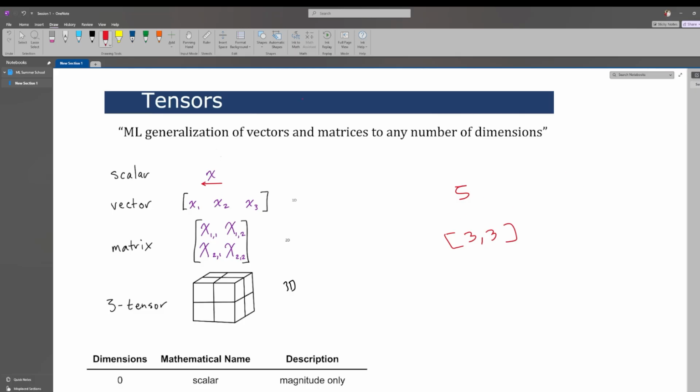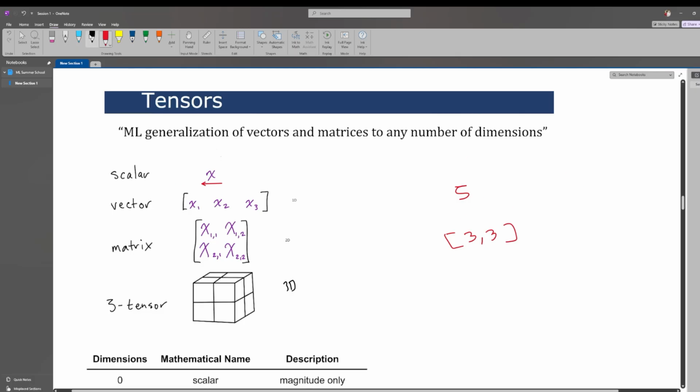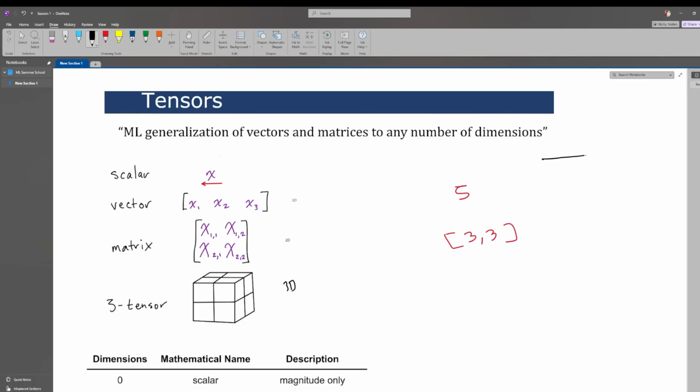Let me just give you an example between scalar and vector. For 5, what do we understand by 5? Maybe like that: this is an x-axis, and this is 5.